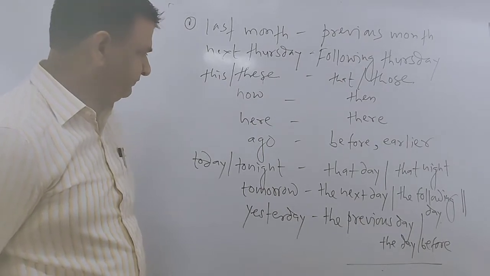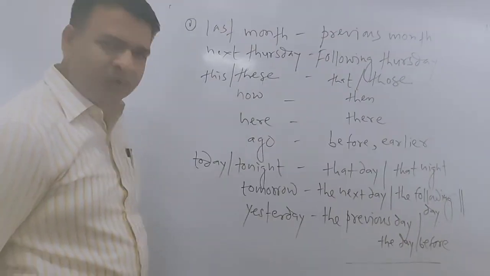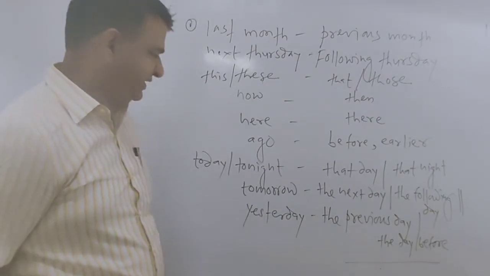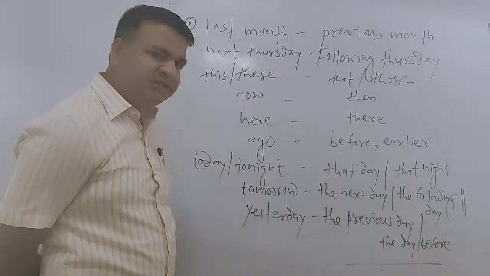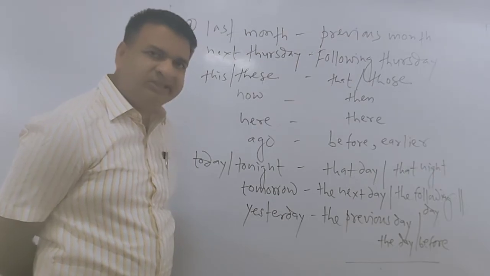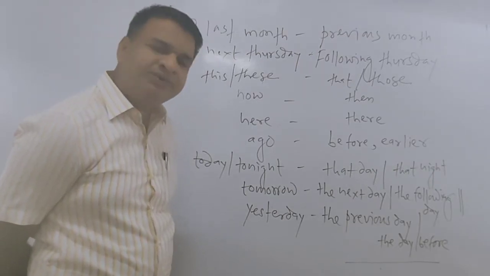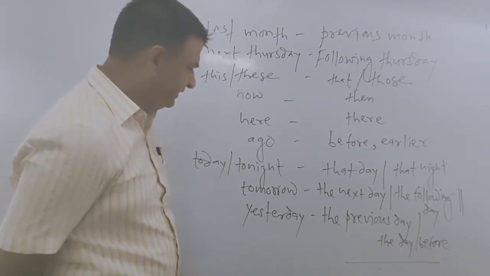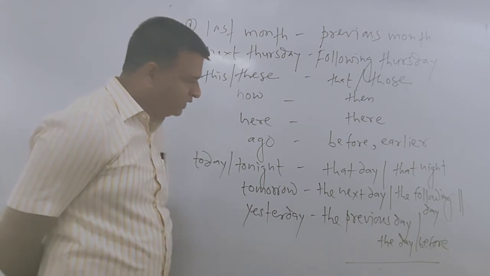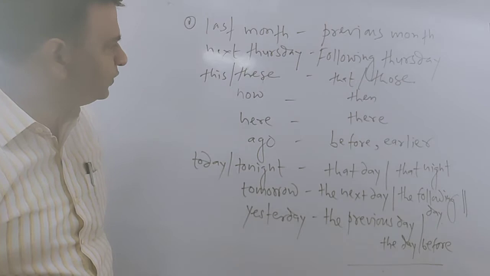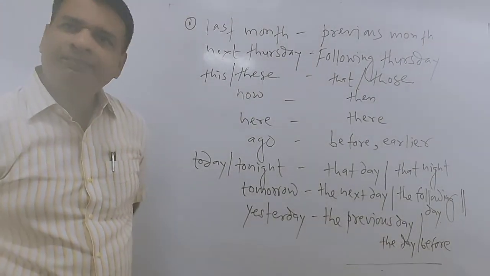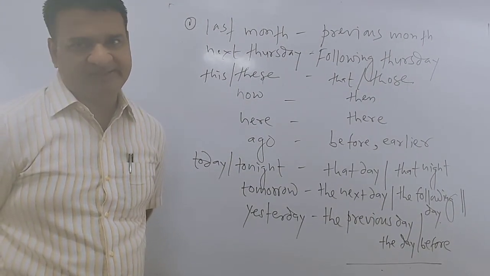Now, then. Here, there. Ago, before or earlier. Today, that day. Tonight, that night. Tomorrow, the next day or the following day. Yesterday, the previous day or the day before. These are some changes you have to keep in mind while making sentences.